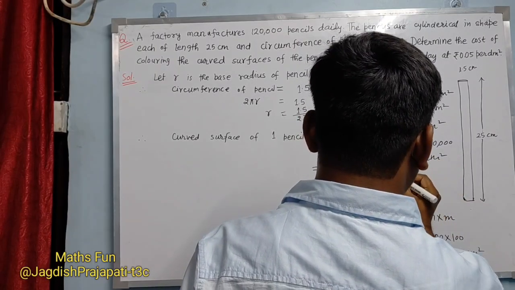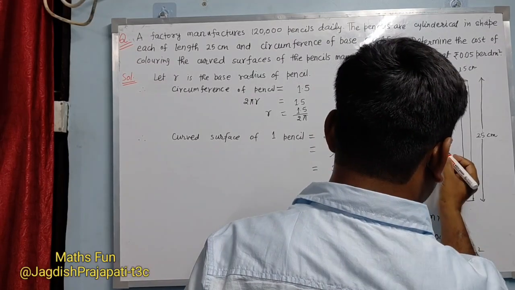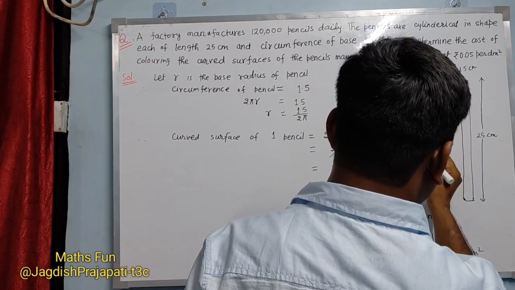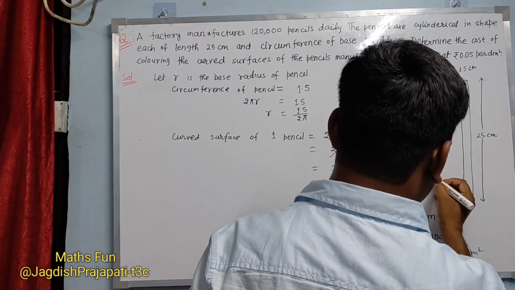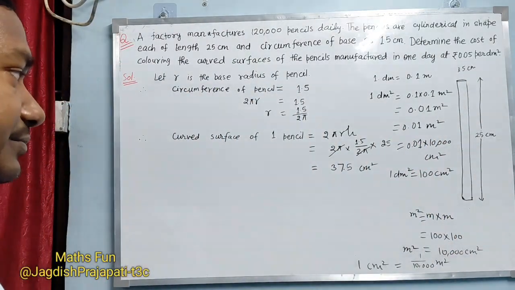So 1 square decimeter is how much square centimeter? 100 square centimeter.